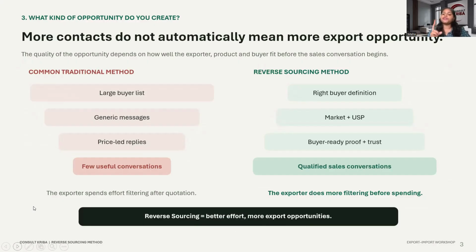Here you don't just focus on the product, but on your business as a whole. There are 4 types of unique selling proposition you can play in the international market, and there are 7 types of buyers. Each buyer has a different approach, and there are 4 areas a buyer will expect to see whether you are well prepared to do business with them. So this is the major difference between the reverse sourcing method and the normal approach to export business.